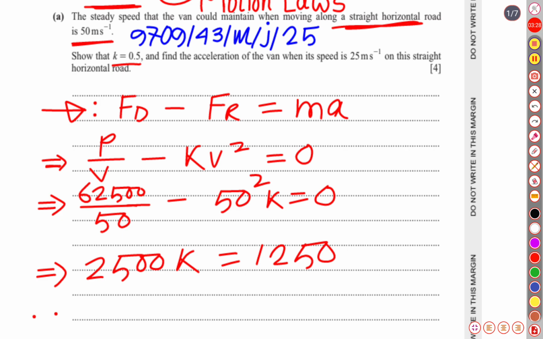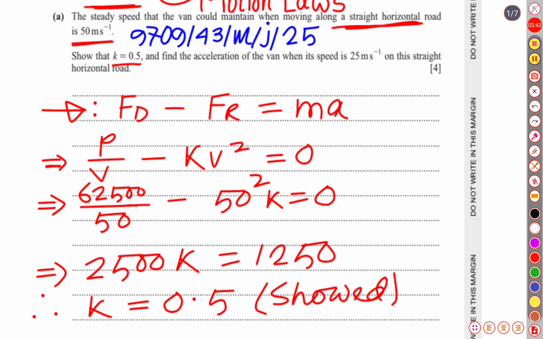Hence, k is equal to 0.5, and they have told us to show that, so we have shown it. Well, let's move on to the next part. This is not all of the solution.